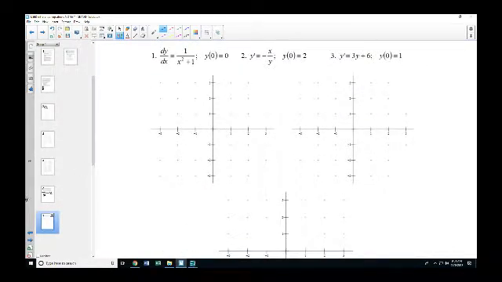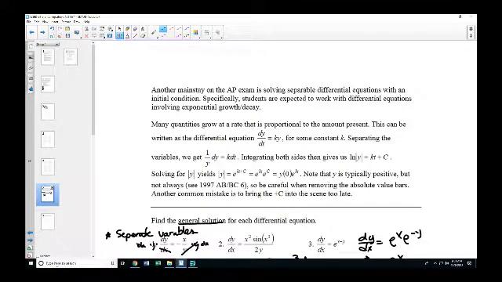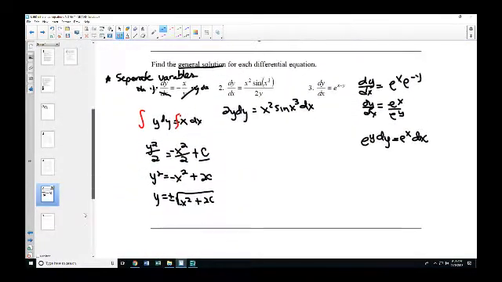Here's a differential. They're given an initial condition. Okay, now we can actually find the value of the constant and get the function, right?